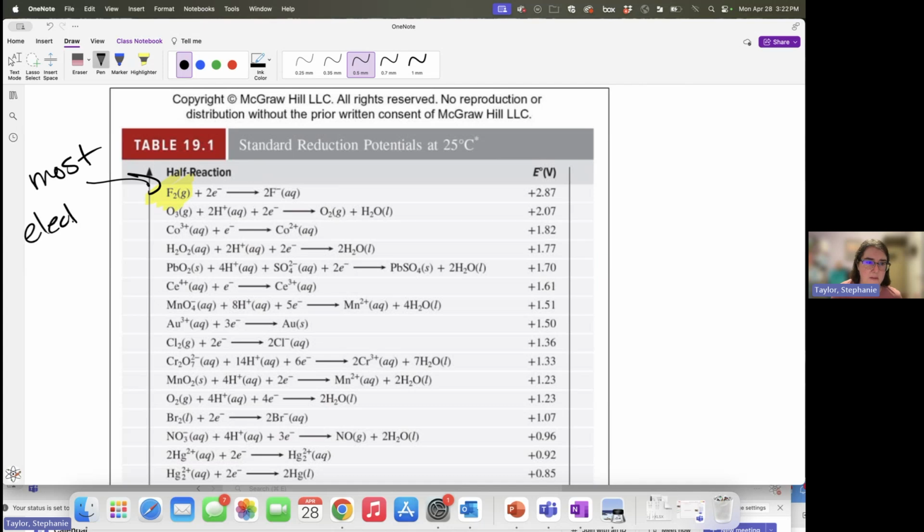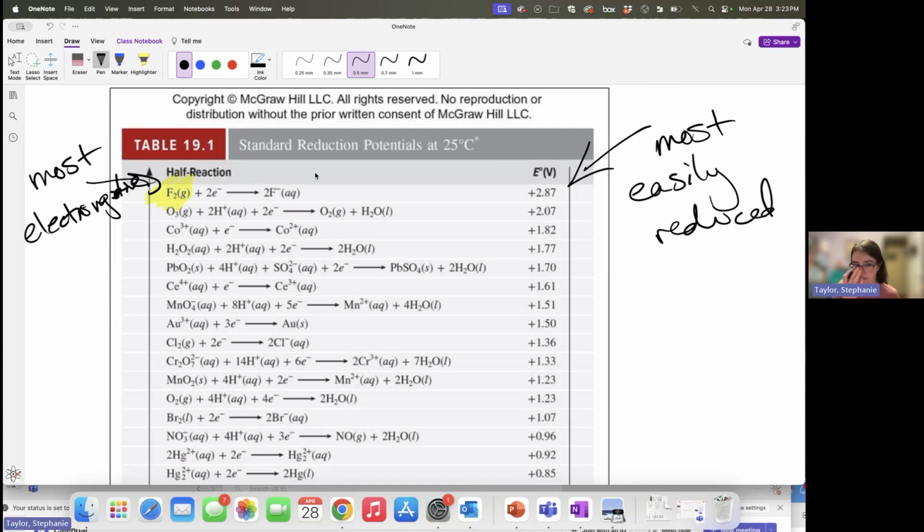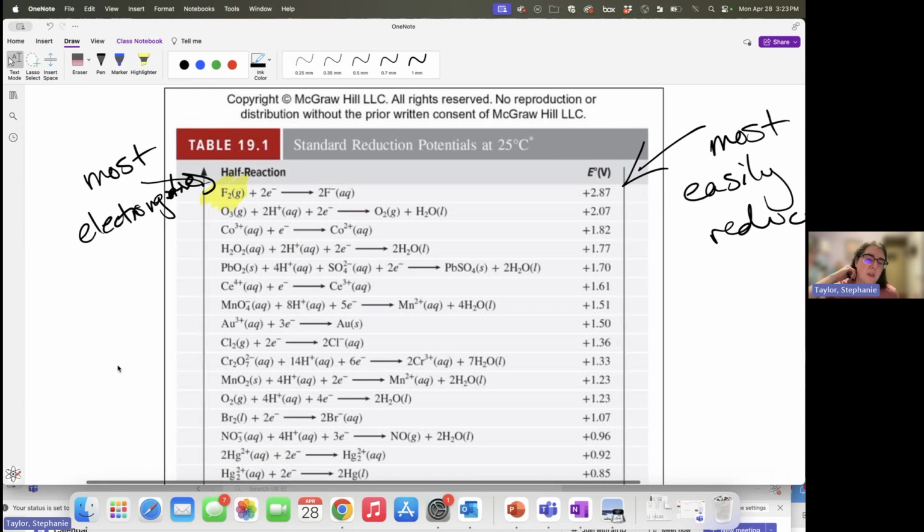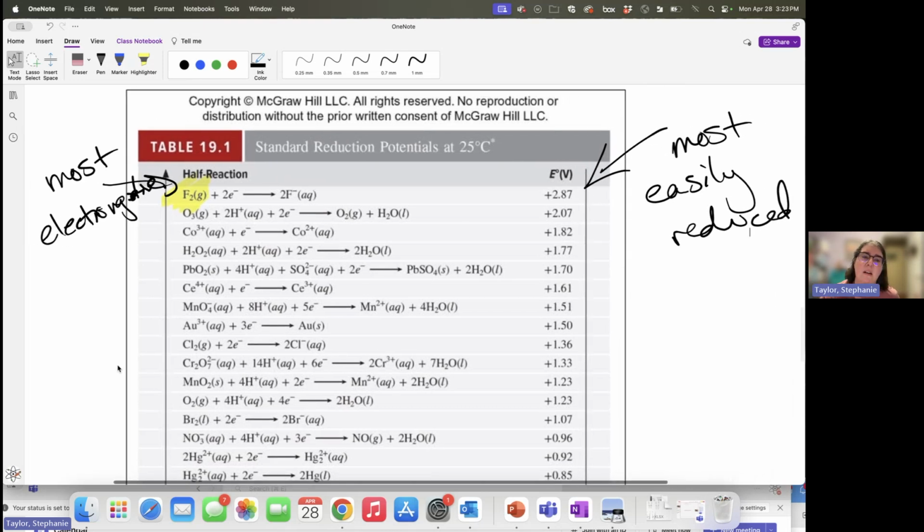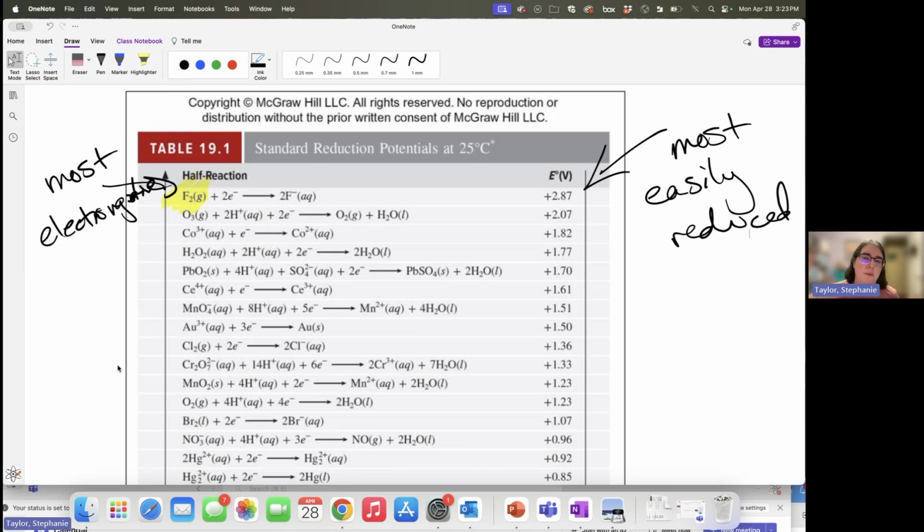So when you think about this table, the fact that the top is most easily reduced is part of this table. Keep in mind that this table will be given to you as part of the potentially useful information. So that idea of fluorine at the very top, it's the most electronegative, it wants electrons the most, it's the most easily reduced.